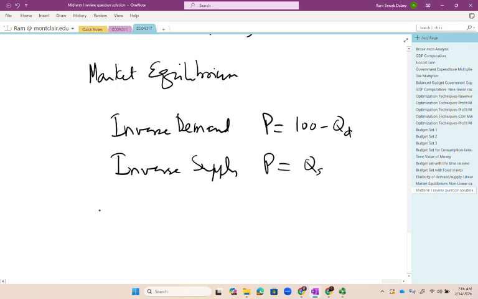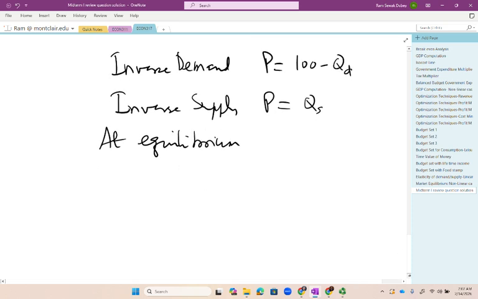And so at equilibrium, the price should be such that quantity demanded is equal to quantity supplied. At equilibrium, the price is such that quantity demanded, so I will write Q now because I want both of them to be equal, is equal to the quantity supplied.